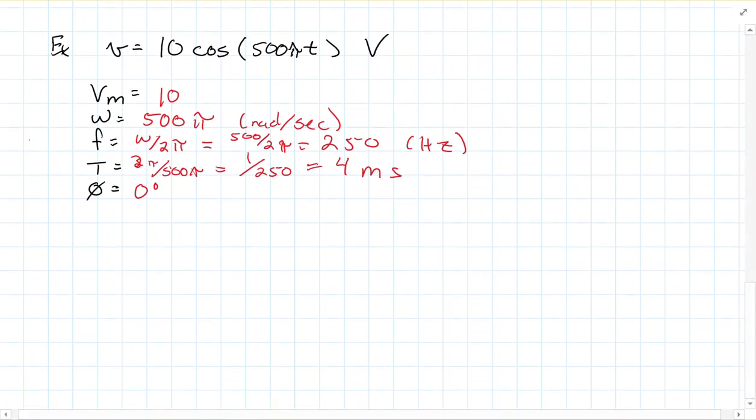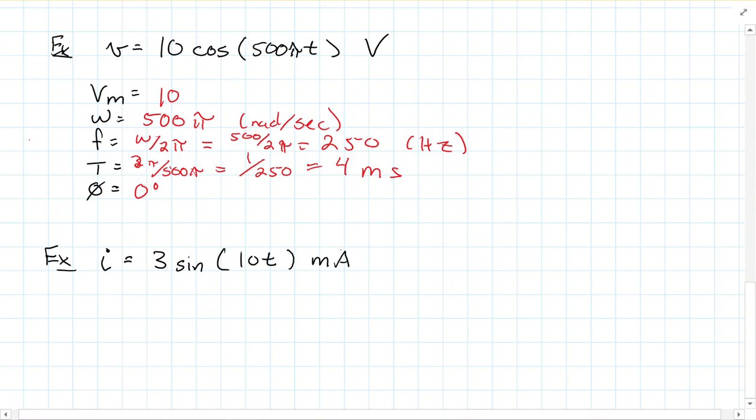One other quick example here. This time I'll do a current equals 3 sine of 10t milliamps.